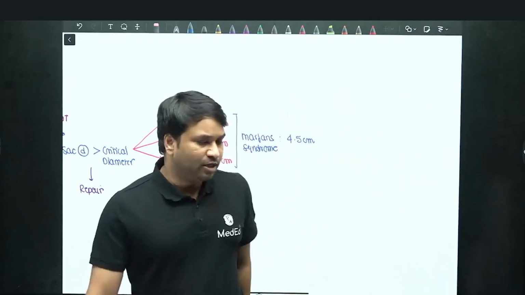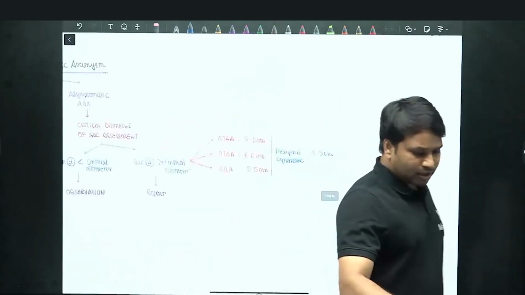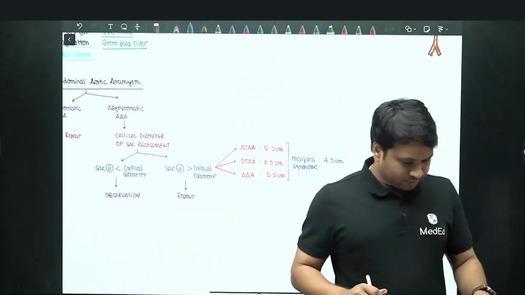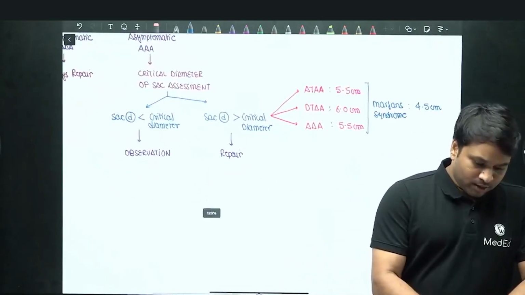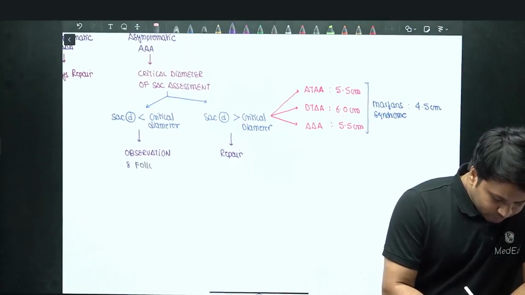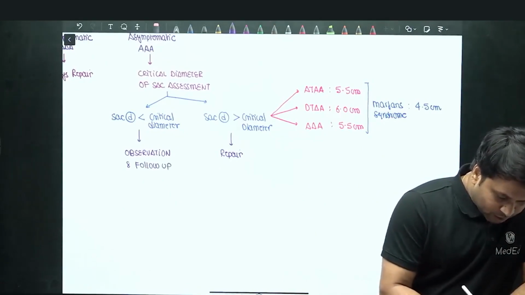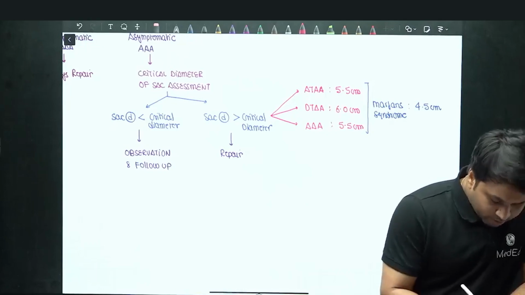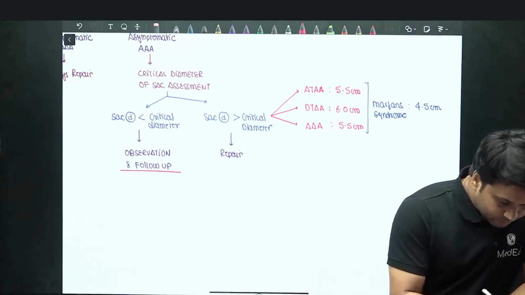Now, in the observation and follow-up, we are talking specifically about abdominal aortic aneurysm.